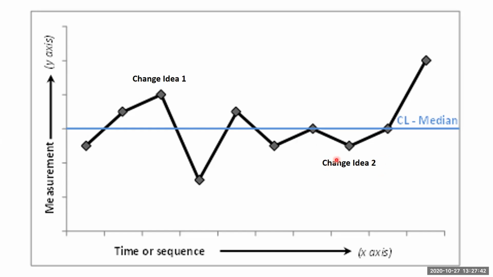And then a few weeks later, there's an introduction of another change idea. And from there, you can see the upward trajectory. This is a change idea that might be a winner and something that you want to scale up or maybe even share with other schools in the district, because you're starting to see that it is leading to improvement.